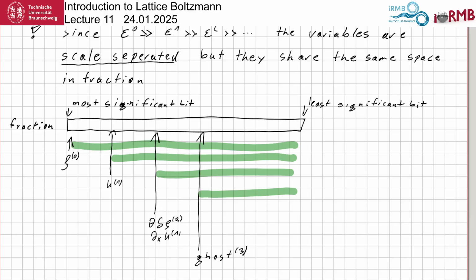So what this means, this here are the effective number of bits available for each quantity.